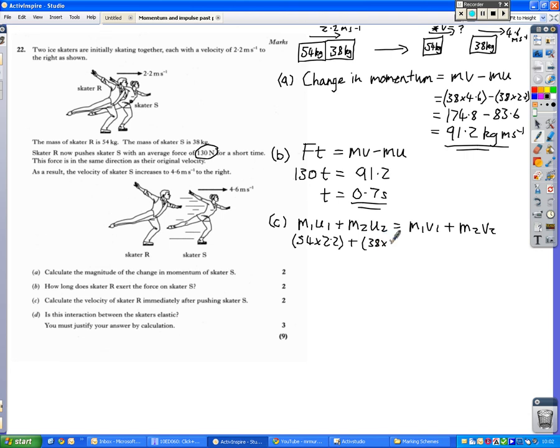38 times 2.2 is equal to 54 V1, because V1 is not known, plus 38 times 4.6. So you'll end up with 118.8 plus 83.6 will equal 54 V1 plus 174.8.